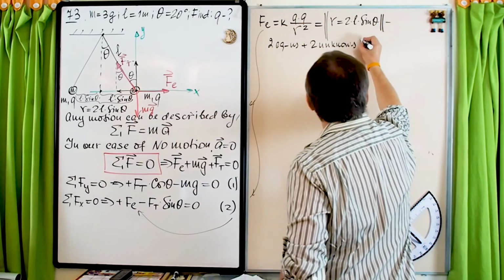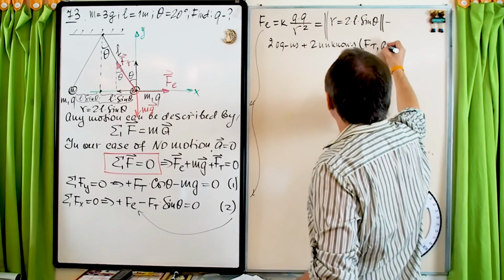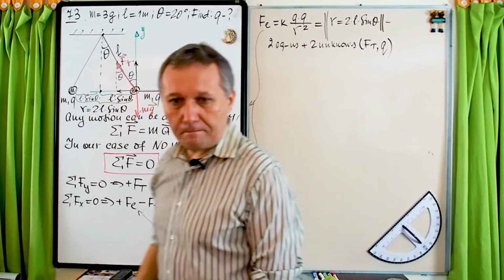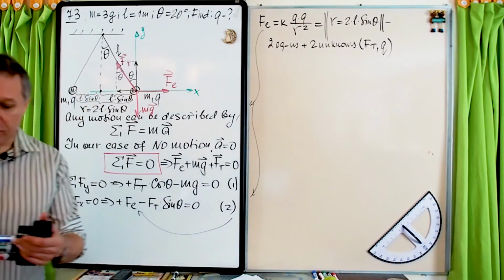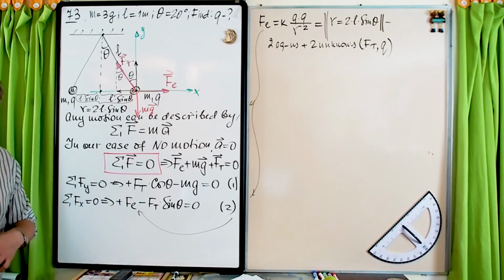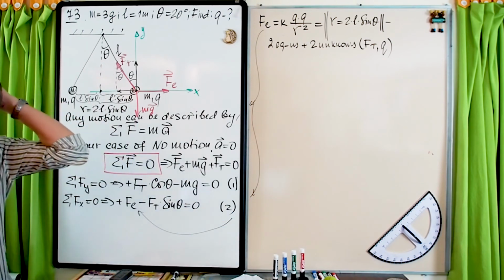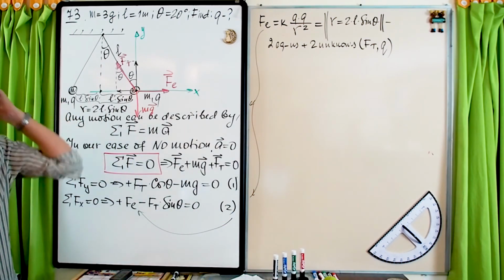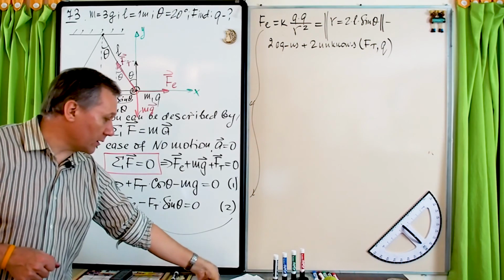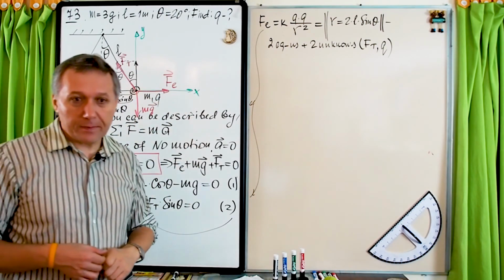Tension and this charge Q. 2 equations, 2 unknowns. Okay, now it's just the algebra. All right. Basically, we discussed the physics. Now it's just the algebra of a system of 2 equations with 2 unknowns. I will send you my solutions of the rest, right. But basically, we discussed the physics.